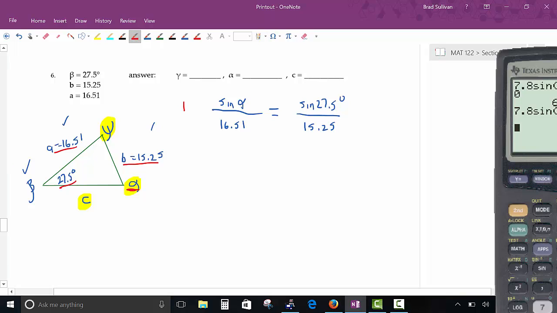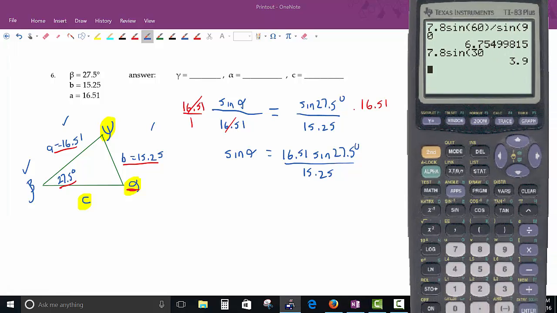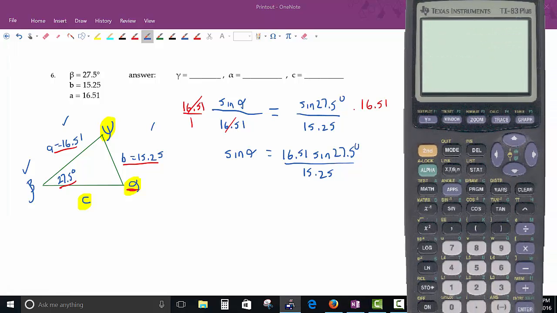Okay, so let's multiply both sides by 16.51, and then we'll go to the calculator. So we're going to have sine alpha equals 16.51 sine of 27.5 degrees over 15.25. Let's crunch this out on the calculator and see what we get.